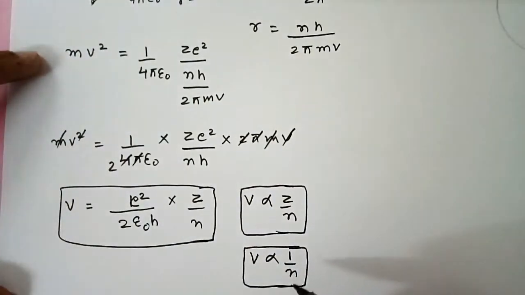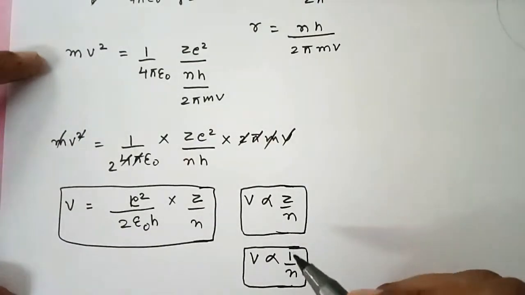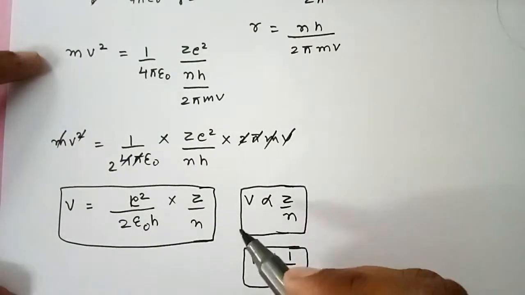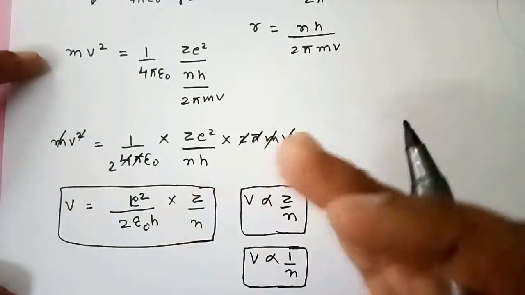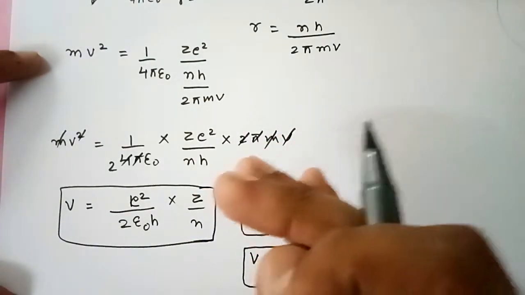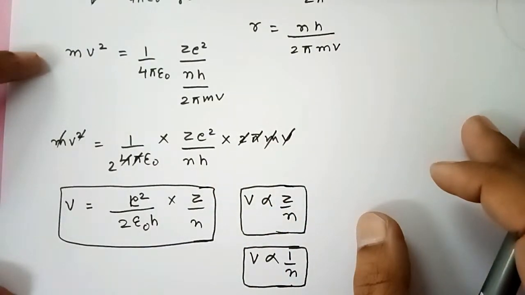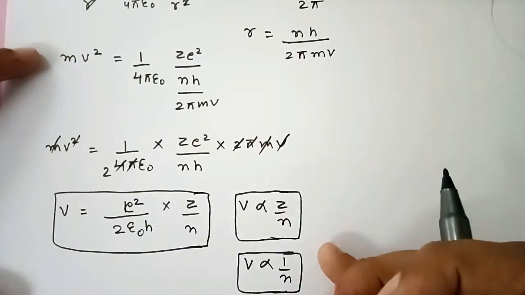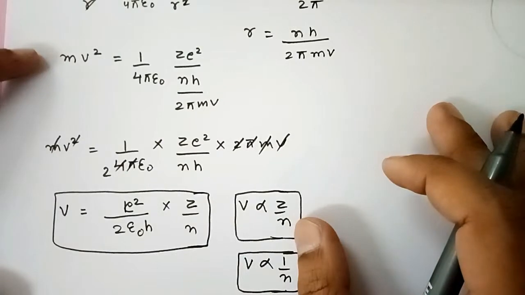So for different orbits the value of v would be different, and as n increases, v would decrease. As you step on to higher and higher orbits, the speed of the electron would be decreasing, right guys? And if the speed decreases, then the kinetic energy definitely decreases.